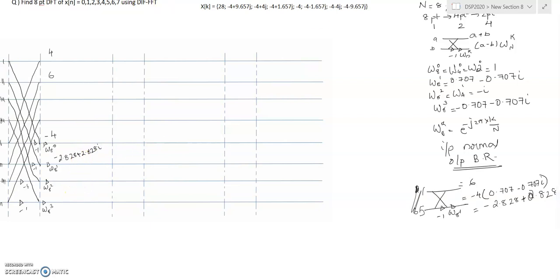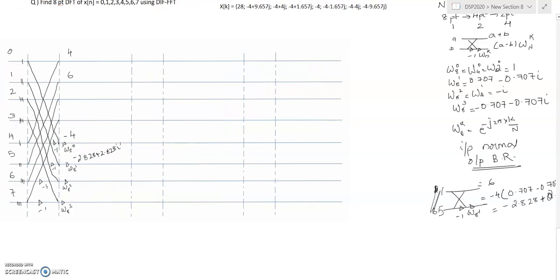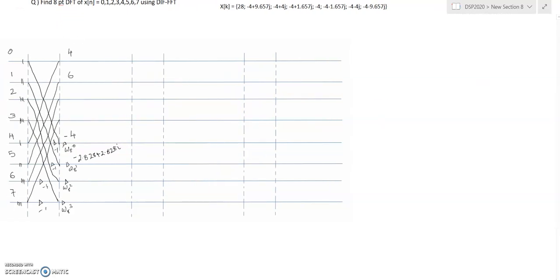Then we have to consider the next butterfly. So we are going to do the third butterfly of the 8-point stage over here. We have the diagram over here. The twiddle factor is W_8^2, and the signals are 2 and 6.